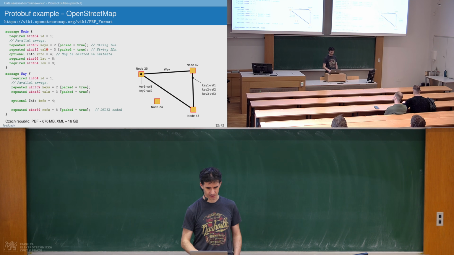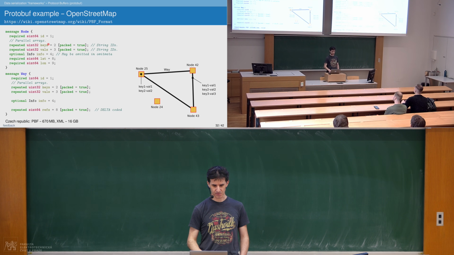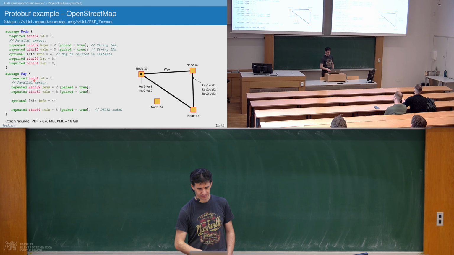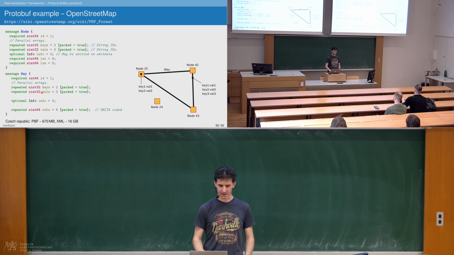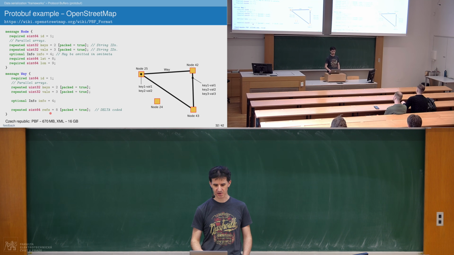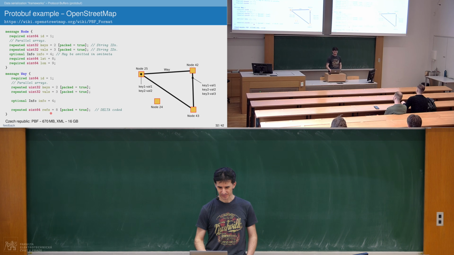There is also an ID of that node. Then you can connect those nodes by so-called ways. Those are those lines here, and every way has an ID, of course, and then it has keys and values, and finally it has these repeated references.